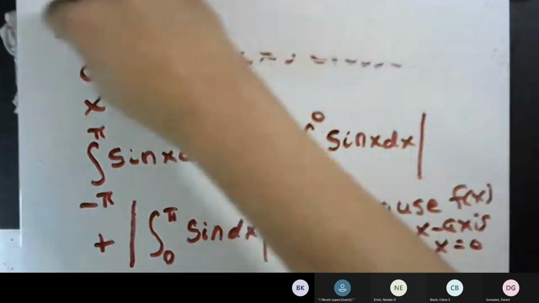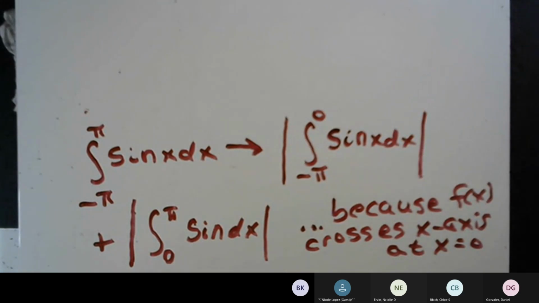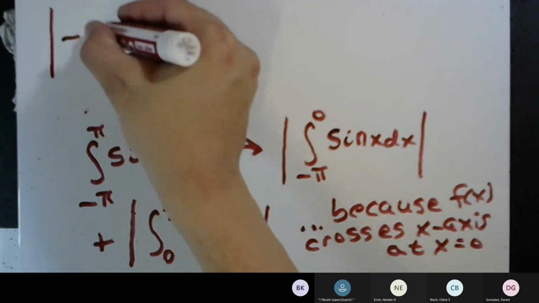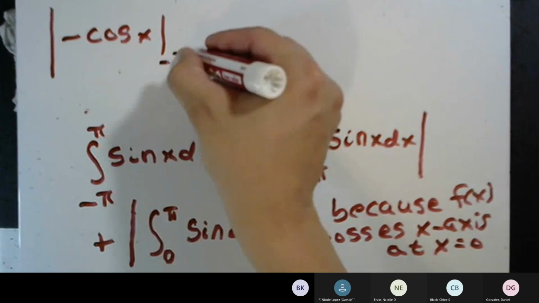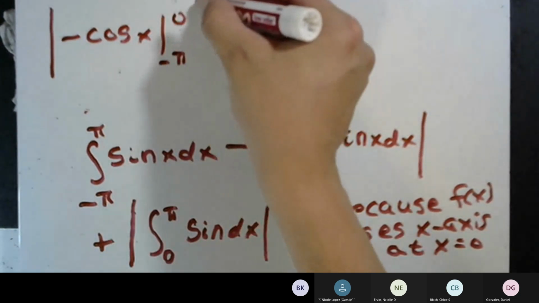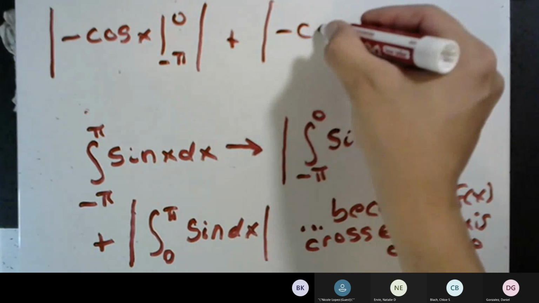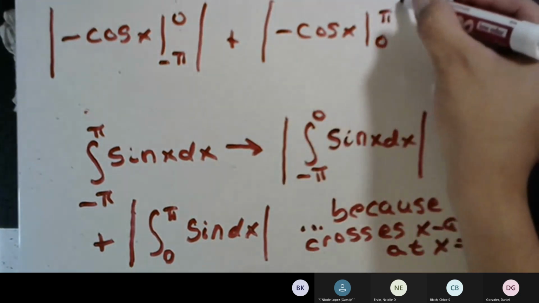So now we're going to do these two integrals. So you'll still get negative cosine of x from negative pi to 0, plus the absolute value of negative cosine of x from 0 to pi.